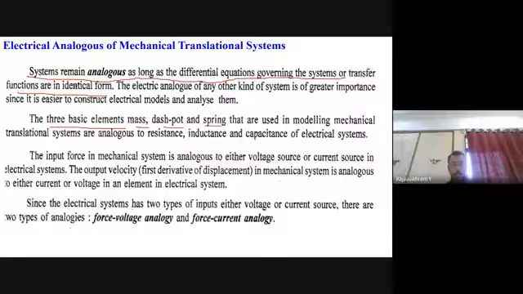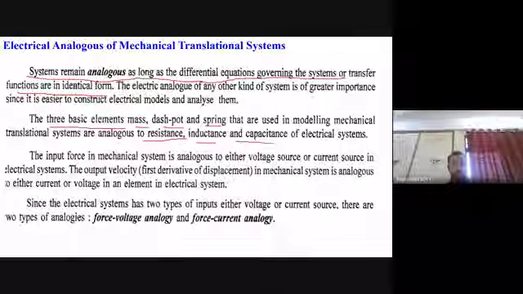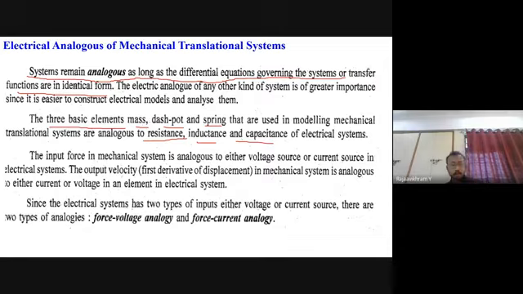The electrical system likewise has resistance, inductance, and capacitance. From this we infer that mass is equivalent to resistance, dashpot is equivalent to inductance, and spring is equivalent to capacitance. Mass in the mechanical system means resistance in the electrical system.